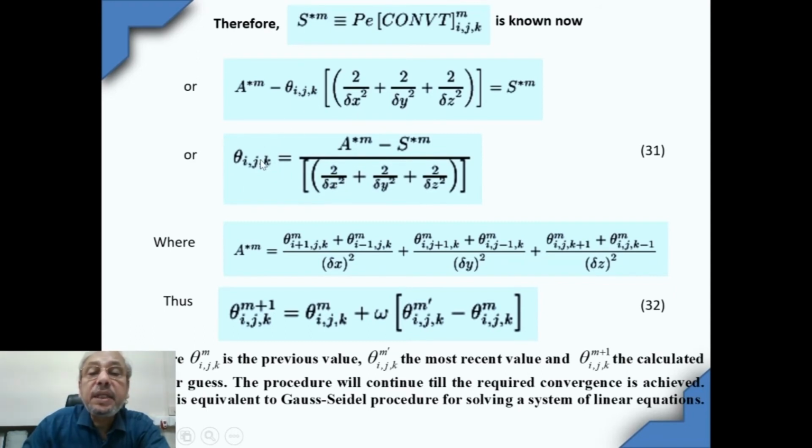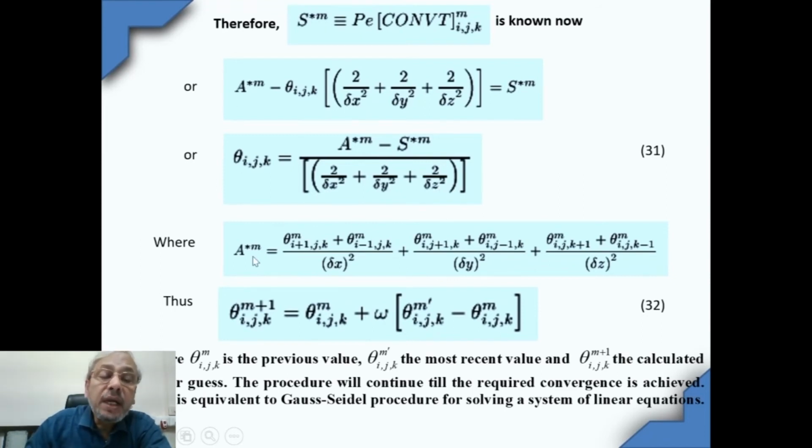So theta ijk then will be A star m minus S star m divided by twice, 2 by delta x square plus 2 by delta y square plus 2 by delta z square.